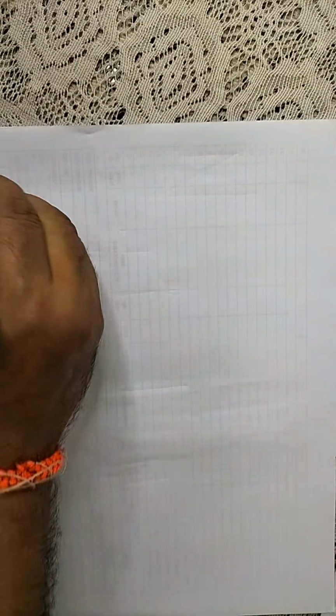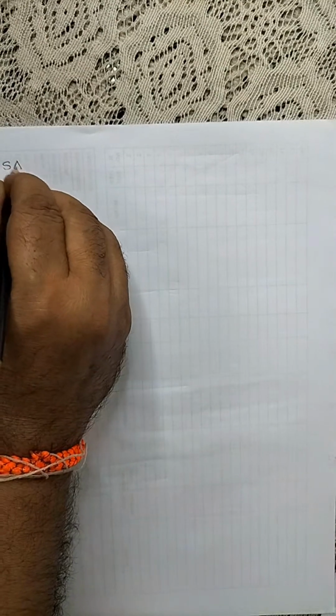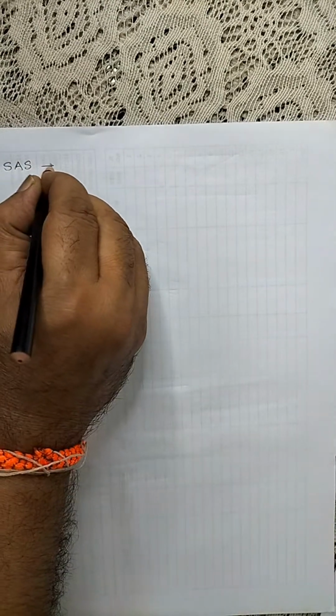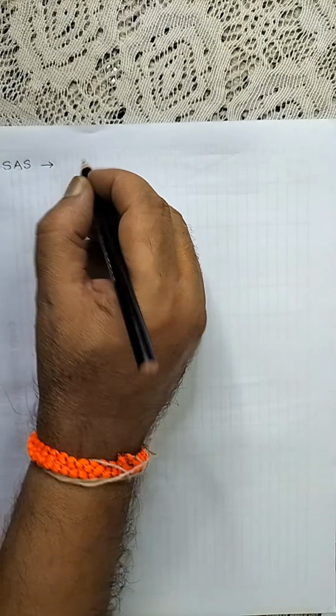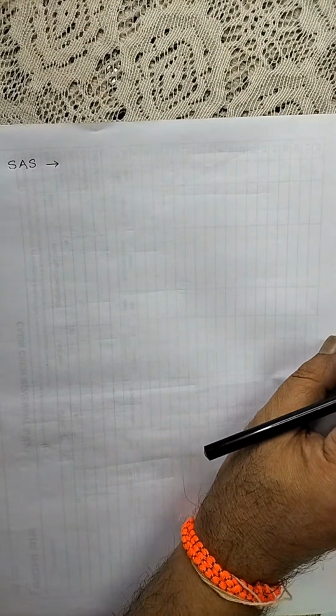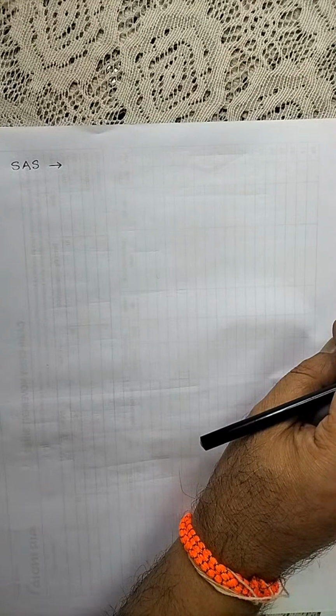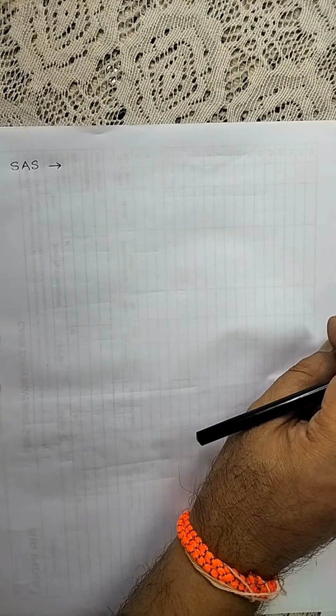दूसरा क्राइटेरिया है, जैसे आपका कॉन्ग्रुएंसी में था, सेकंड क्राइटेरिया SAS मींस साइड एंगल साइड. कॉन्ग्रुएंसी के केस में टू साइड्स ऑफ ए ट्रायंगल आर इक्वल टू द टू साइड्स ऑफ अदर ट्रायंगल. यहां पर इक्वालिटी नहीं होती, प्रोपोर्शनलिटी होती है.